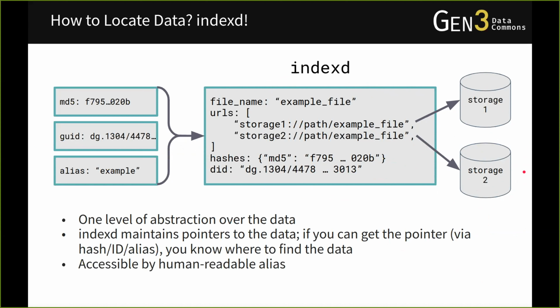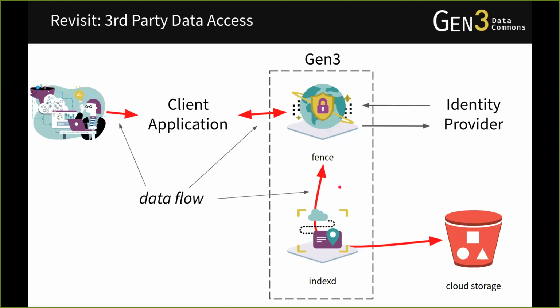So the whole point here is to make sure that if a researcher runs some analysis using some GUID, that GUID should always point to that file object, no matter if it has moved or changed ownership. And then there's also versioning capabilities within IndexD, but for the sake of time, I won't jump into that.